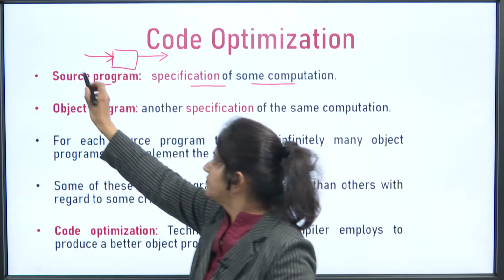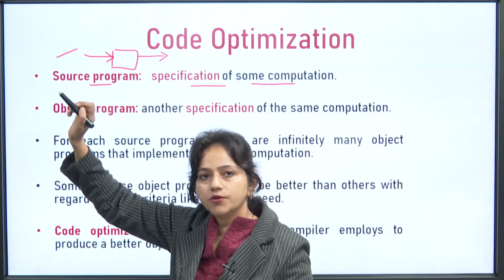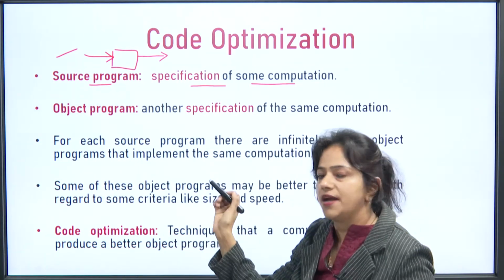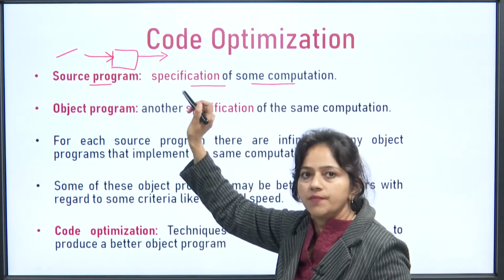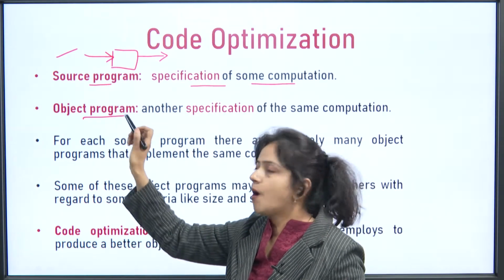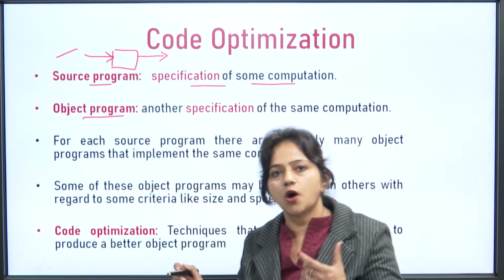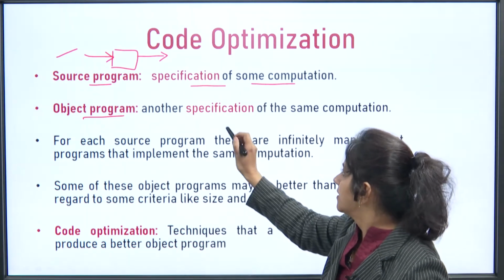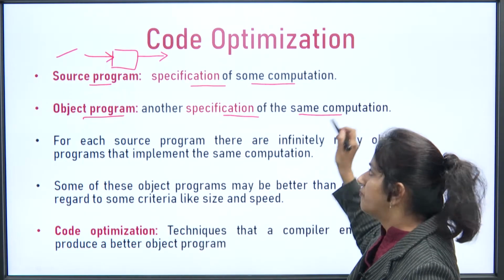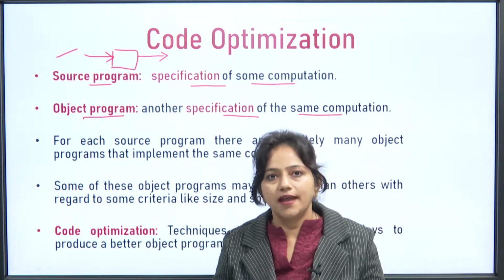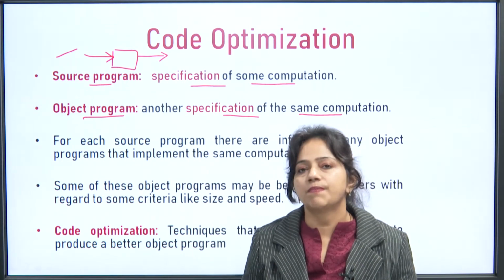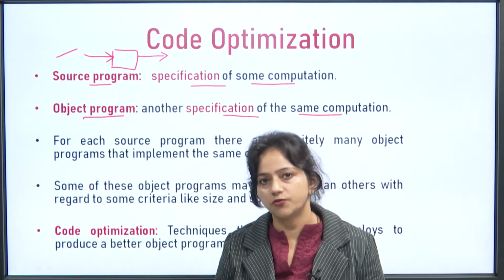The compiler will produce the target code, or the object program, which is another specification of the same computation.